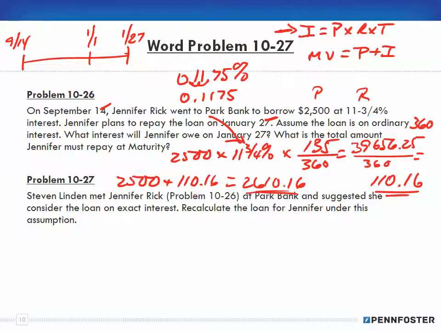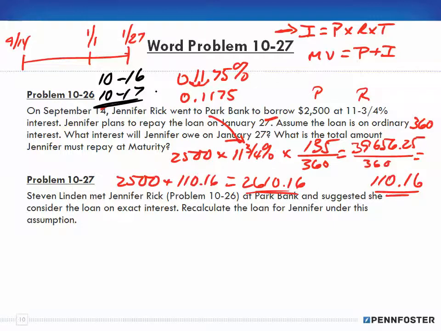Now problem 10-27. It just dawned on me, just as an FYI, if you went back to the word problems for 10-16 and 10-17, this is the same exact line of thought.